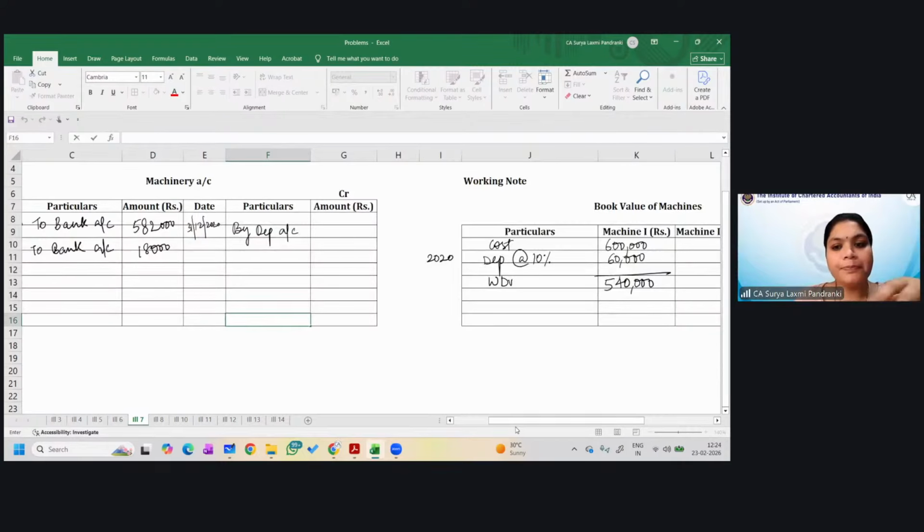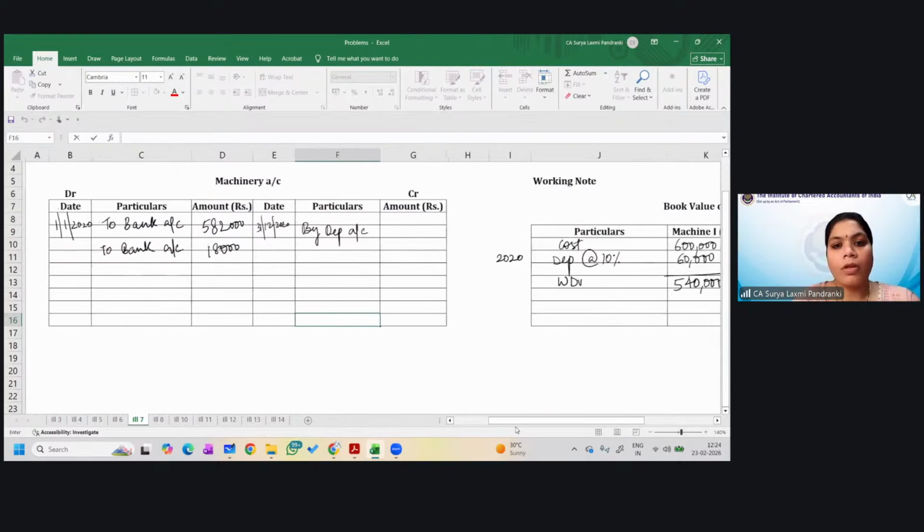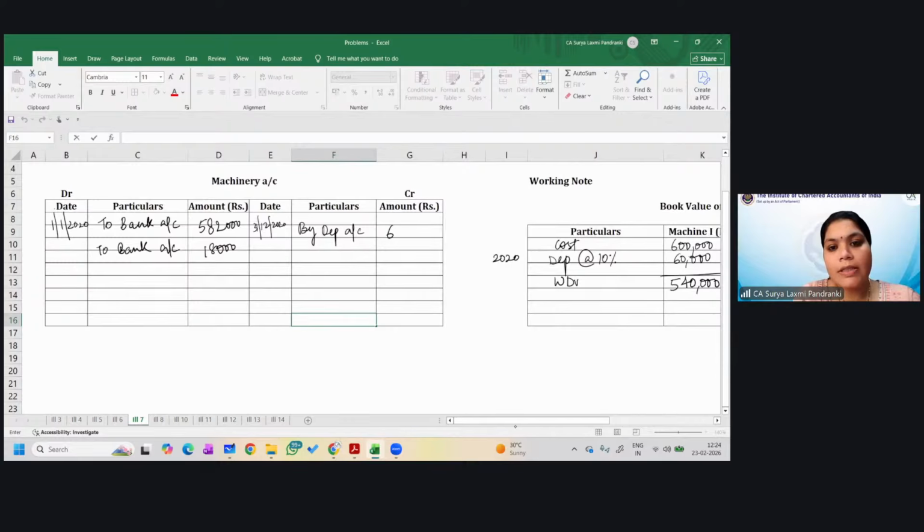Is this clear? So what is the depreciation amount here? 60,000. This is done. I have taken the purchase on the debit side and I have calculated depreciation for 1 year and then recorded it. Now what else will come up? By balance carried down.